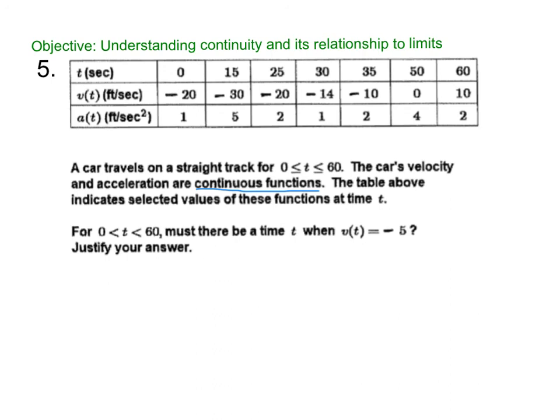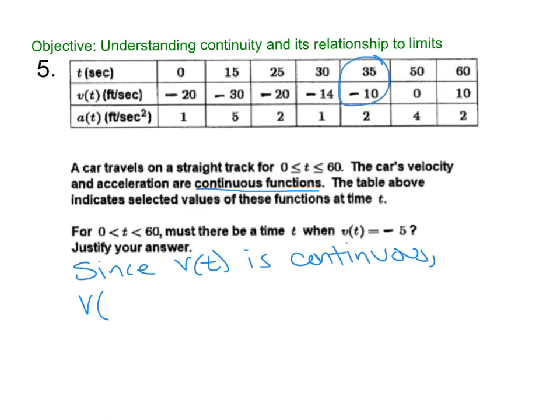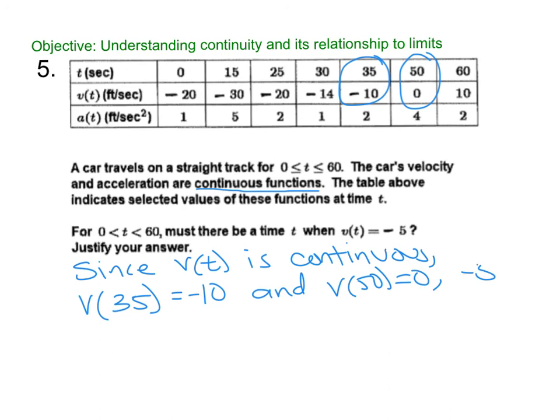So I'm going to start with, again, continuity. Since v of t is continuous, it actually doesn't matter what you pick. You can pick a bunch of different ones. I'm going to do 35 and 50. Since v of 35 is -10 and v of 50 is 0, -5 is between these y values.